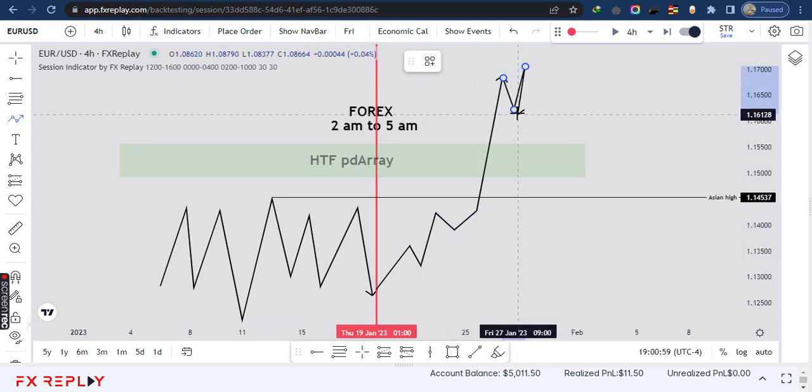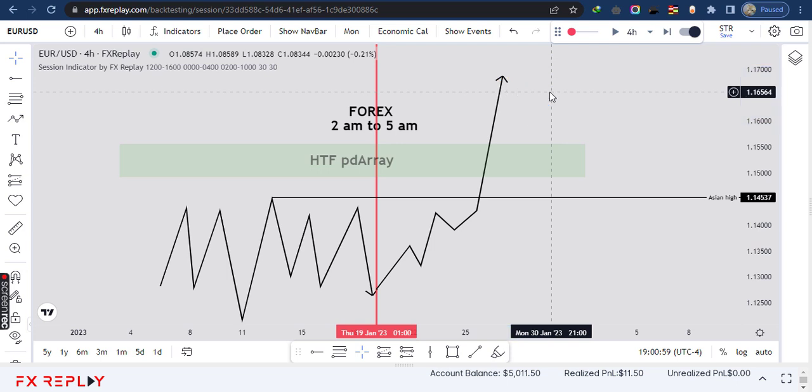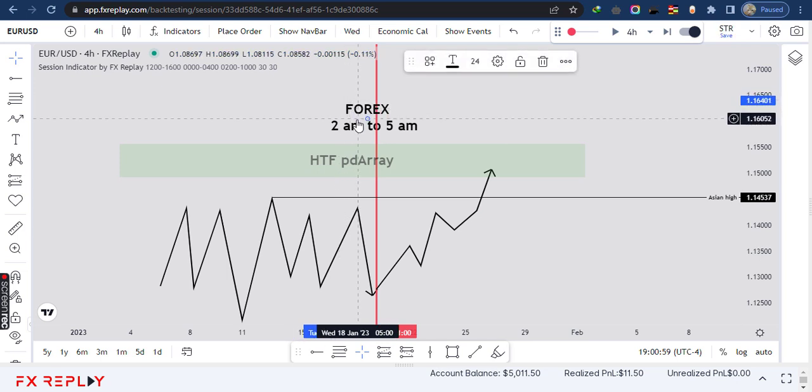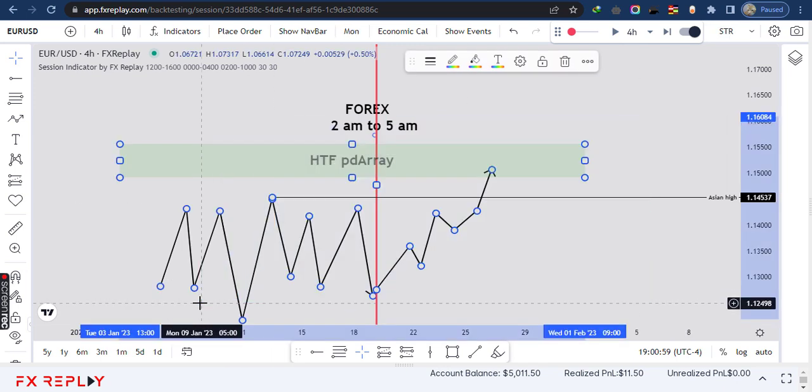So what you're going to do here, you won't do anything. That means the higher time frame PD array got invalidated, and it is likely to become an inversion. So you do not want to take this. So this is basically for forex pairs from 2 AM to 5 AM. Now let's remove this and let's go to live examples.